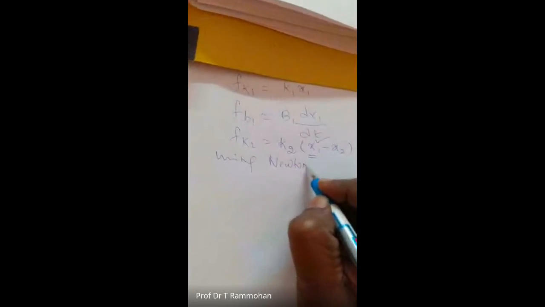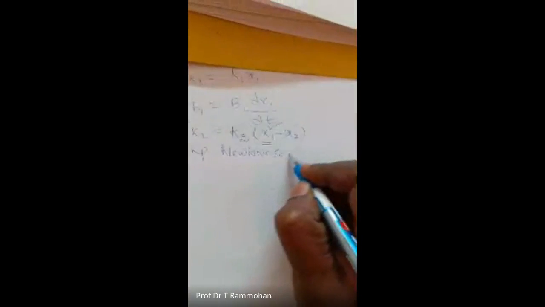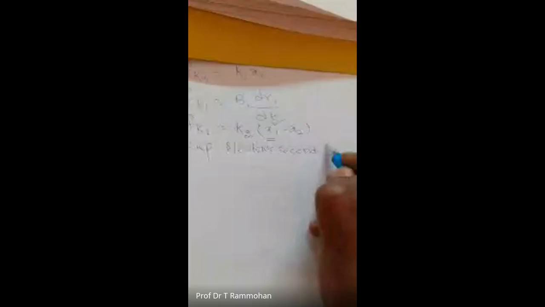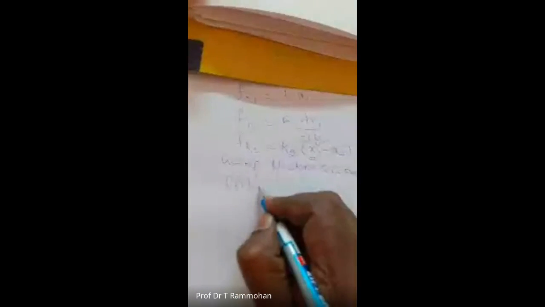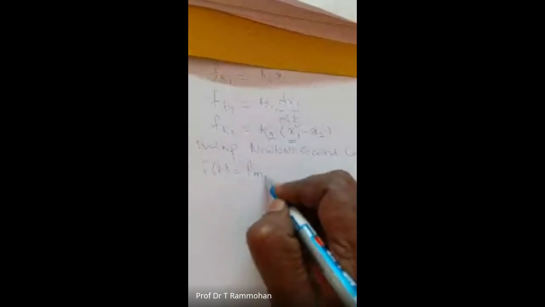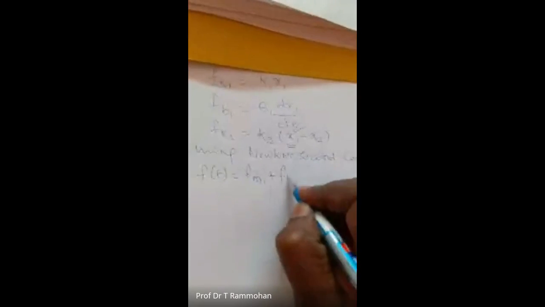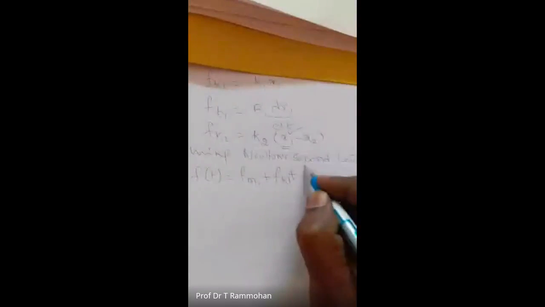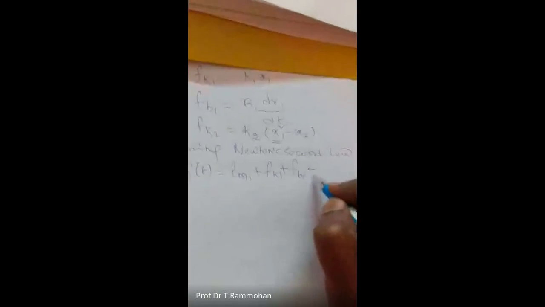Now using Newton's second law, f of t equal to FM1 plus FK1 plus FB1 plus FK2.